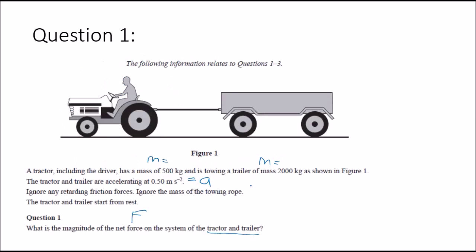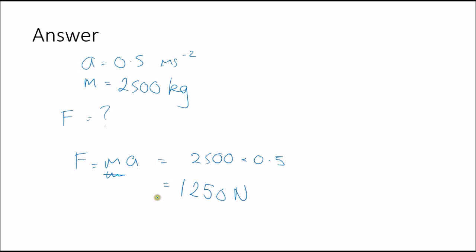Now just quickly looking back at the information in the question, we've got 2 significant figures, so I would actually round that to 1,300 newtons to 2 significant figures. Okay, moving on to our next question.